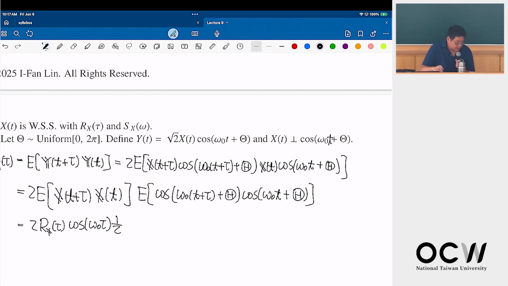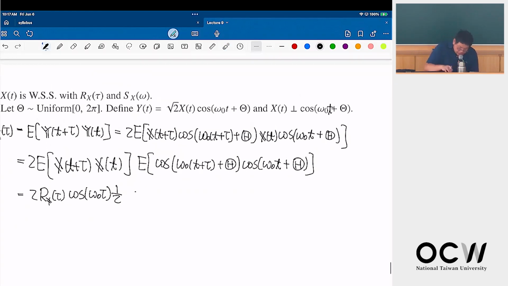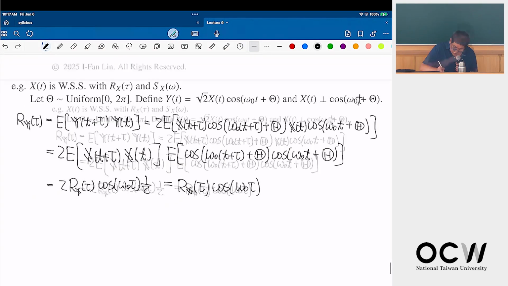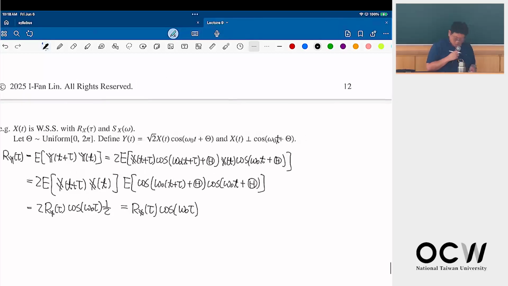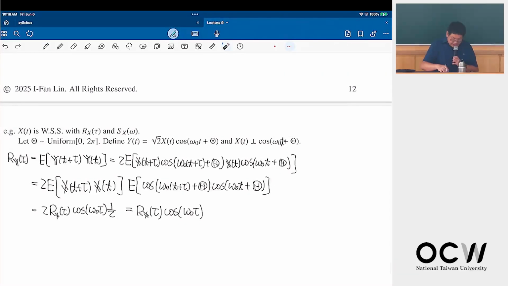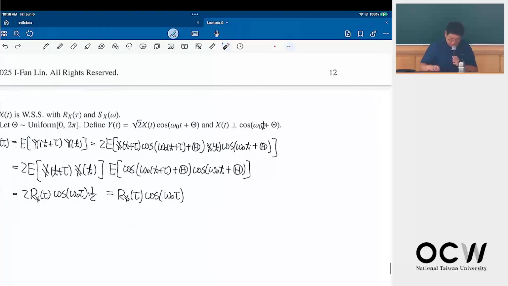So overall, that is the autocorrelation of x times cosine. I need to show you that we have the autocorrelation and the spectrum. And now here is the spectrum. Let me plot here.